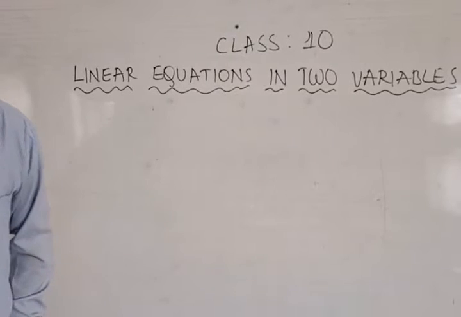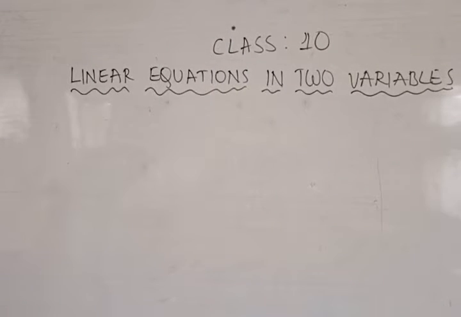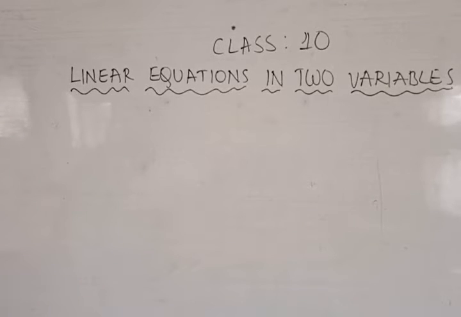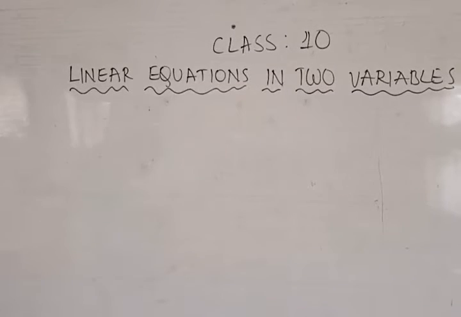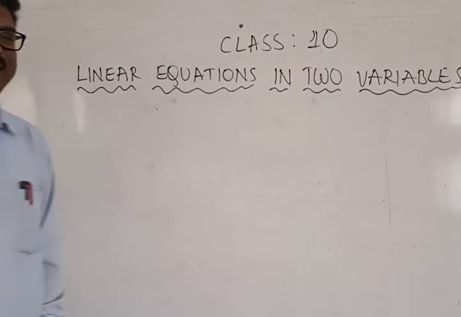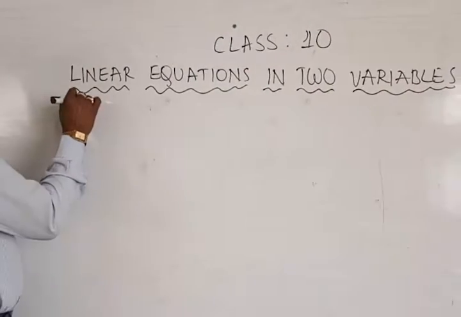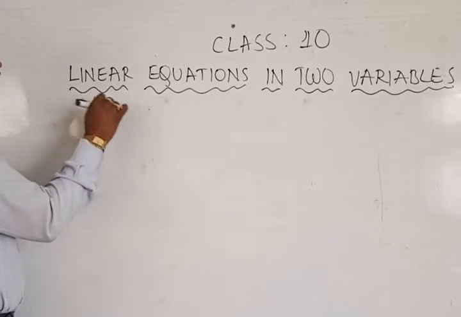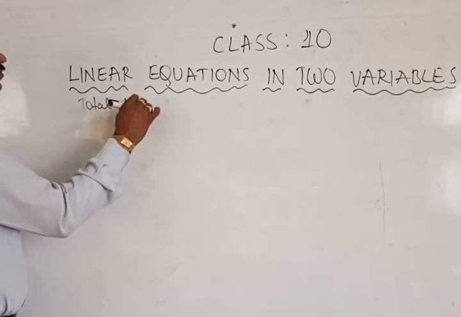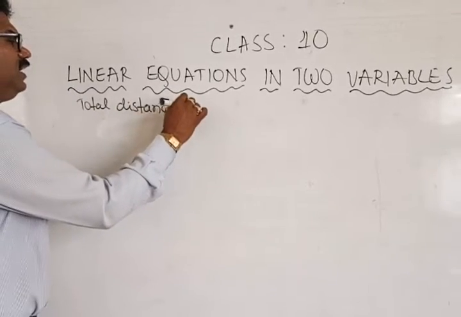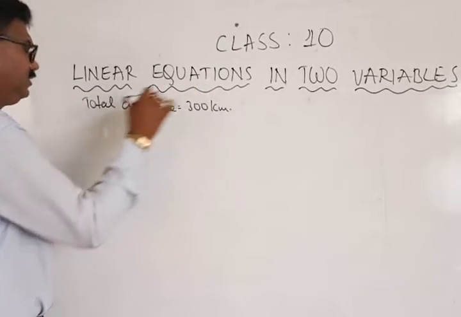Next problem. Rohini travels 300 kilometers from home to our home, partly by train and partly by bus. You can write here total distance (300 kilometers).